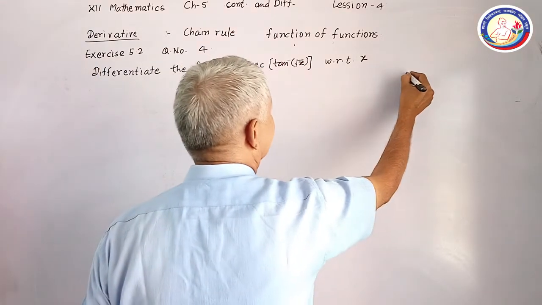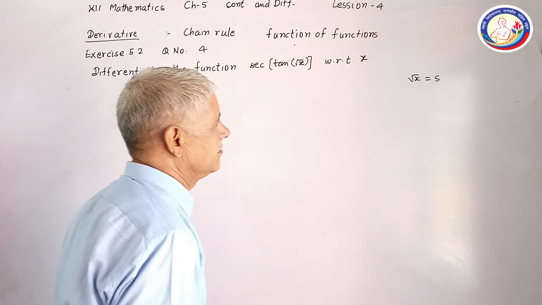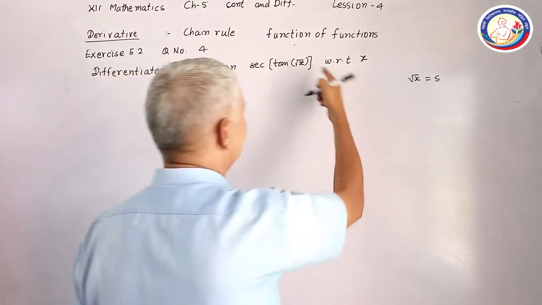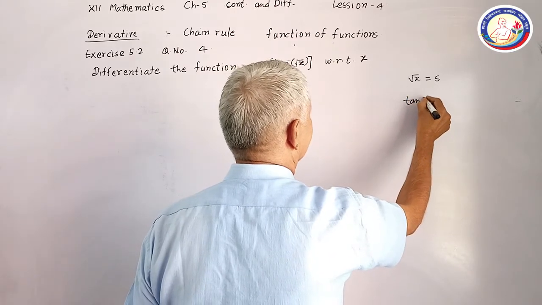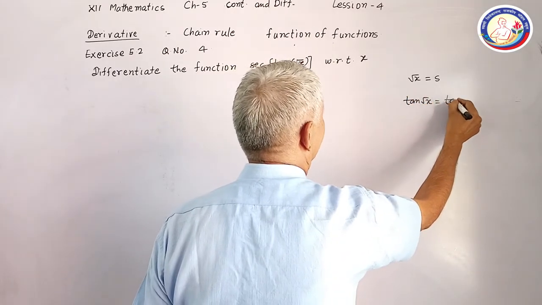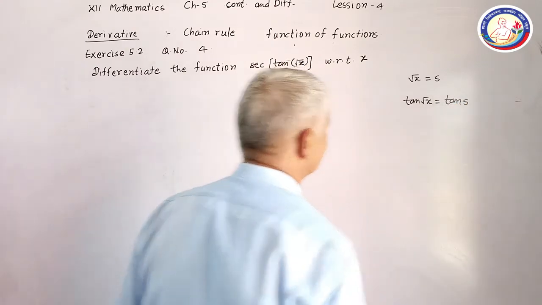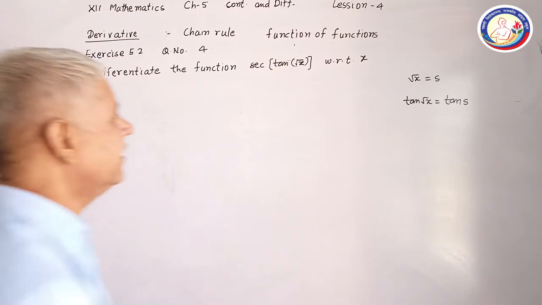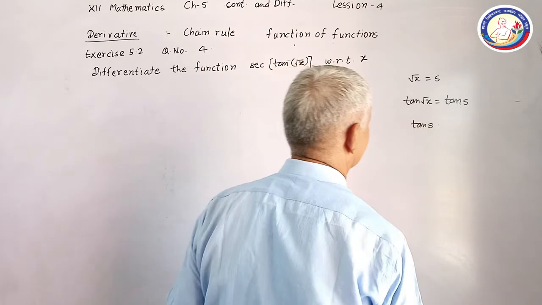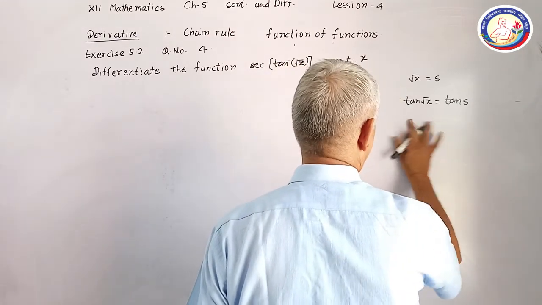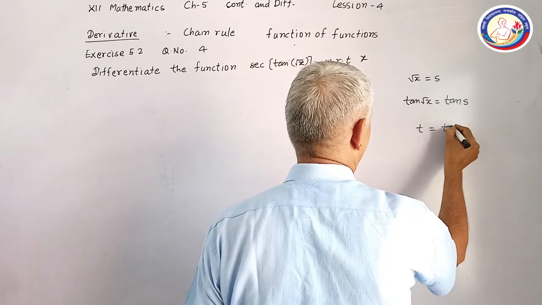Let us write root x equal to s. Then what will be the value of this? Tangent of root x will be tangent s. And tangent s is written as t equal to tangent s.